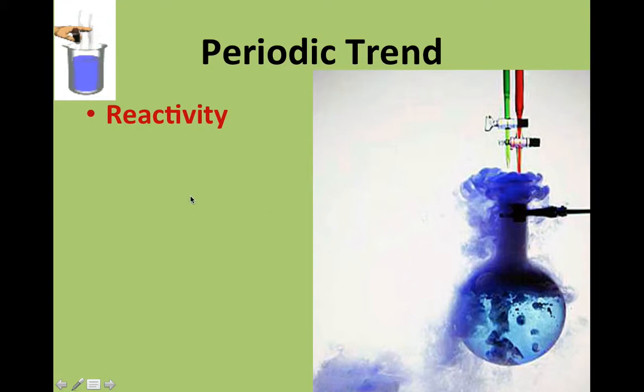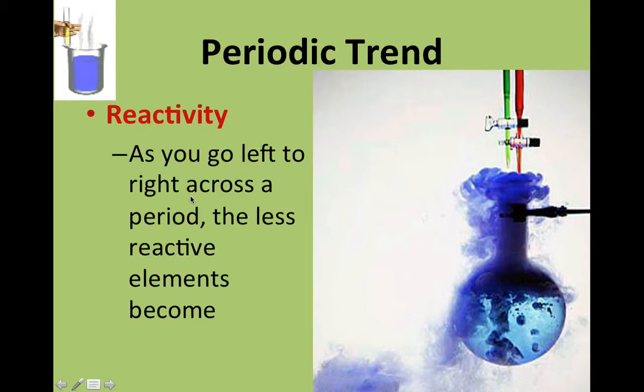Okay, there are some trends. There are several trends, but we're going to focus on this one with how things react. As you go across the periodic table, and we read the periodic table like we read a book, left to right, the reactions become less and less as you move across from left to right.